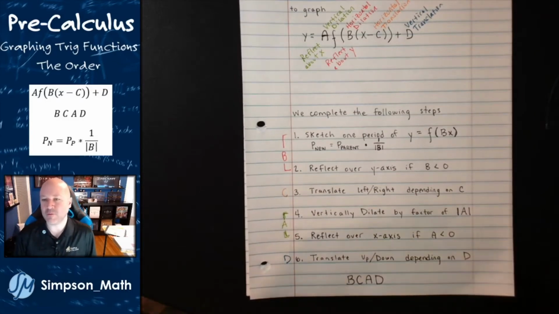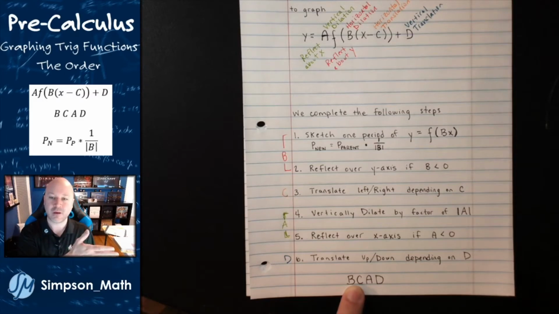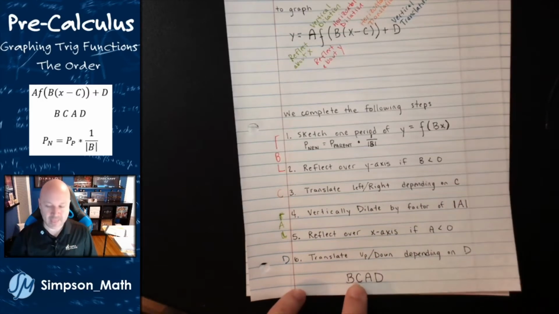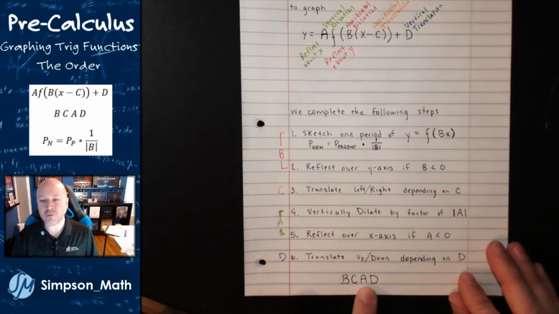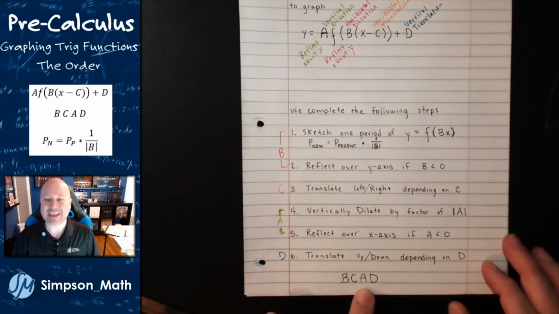A way to help you remember that order, B, C, A, D, is the way we do our calendar years. Like Pythagoras was around 500 BC, that before Christ that we use. And then Newton was around 1700 AD.